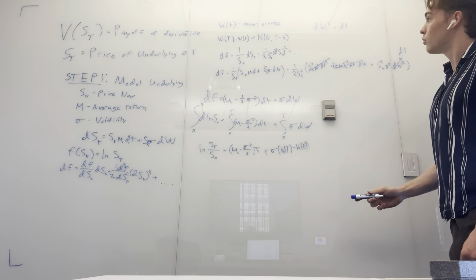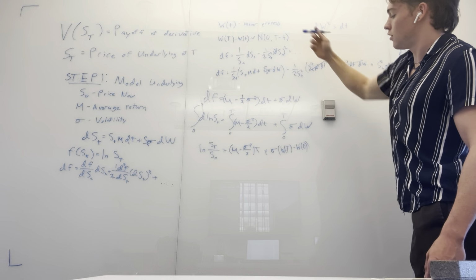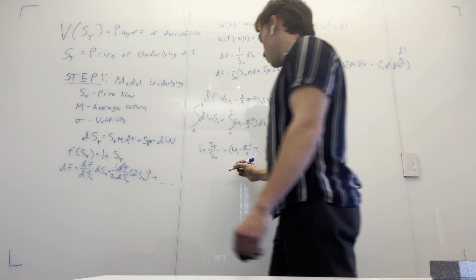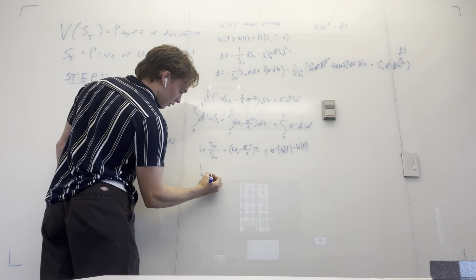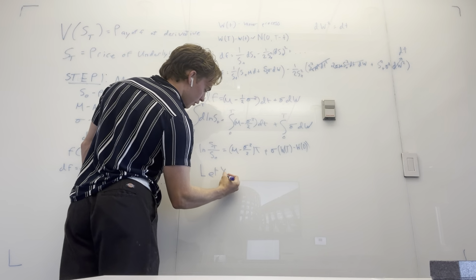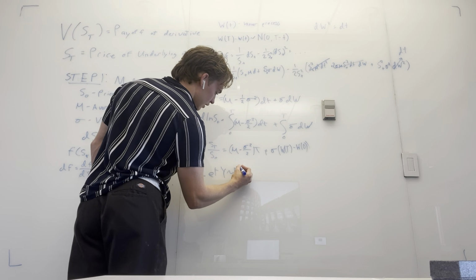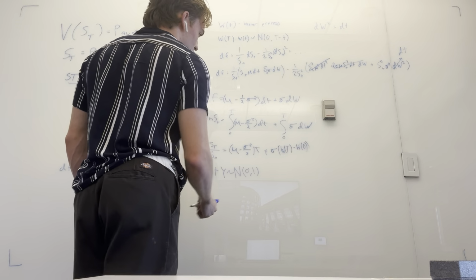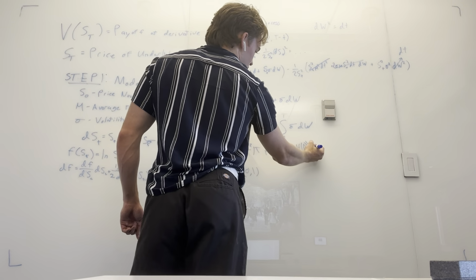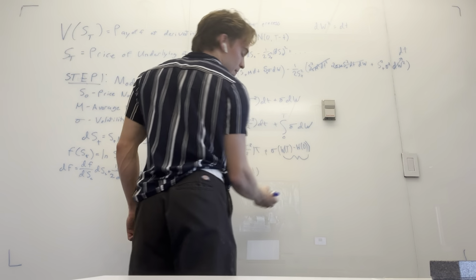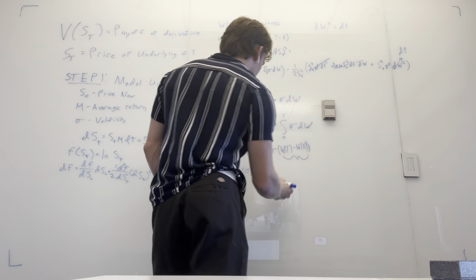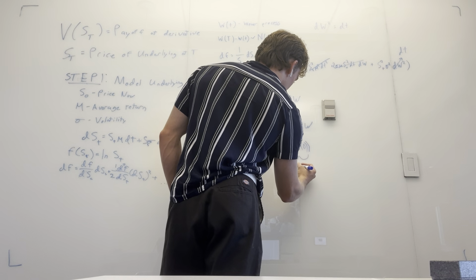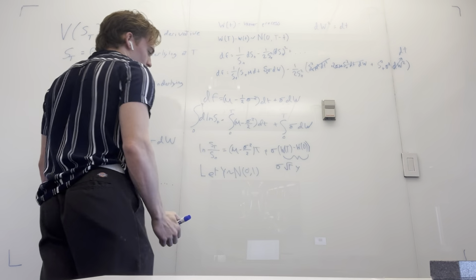Okay, and if you remember what we said up here, we're going to apply that here. So we're going to take a new variable, let Y be a standard normal. We are going to say that we can replace this thing with sigma square root of T Y. Okay.